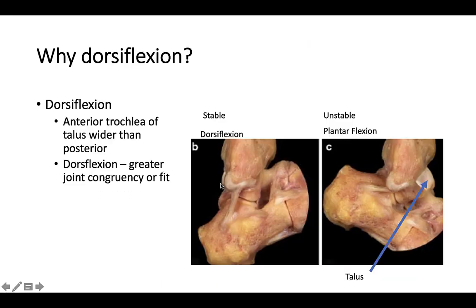We should also note that the dorsiflexion position is more likely to result in a high ankle sprain than a plantarflexed position.